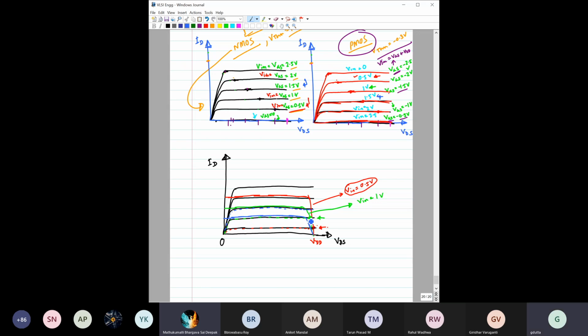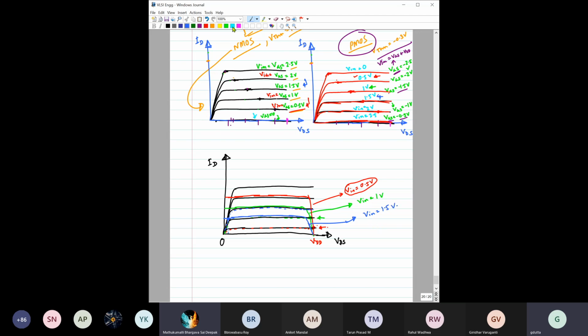So you have to take the intersection between this blue and blue. So this blue and blue intersection, you can see, it is here, right? So this blue one we are writing here as Vin equal to 1.5 volt, right?